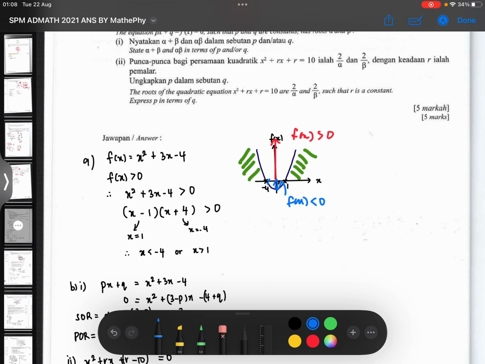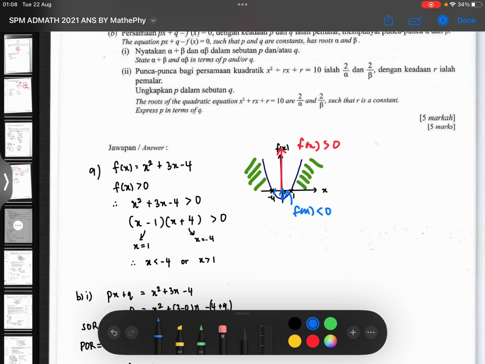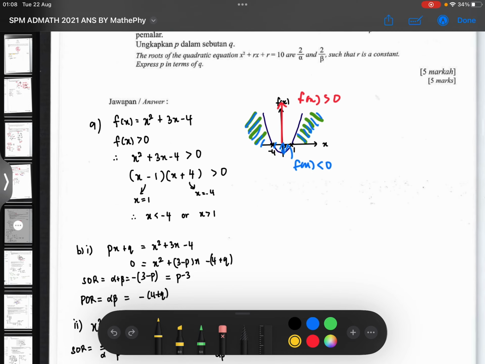Okay, so you need to remember this. But in our case, it is bounded between the curve and the x-axis, between this part and also this part. So you cannot include the inside one, so you don't have to include that. Only the region bounded by the curve and the x-axis.